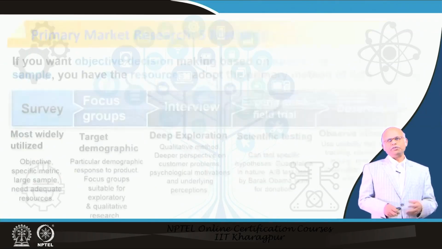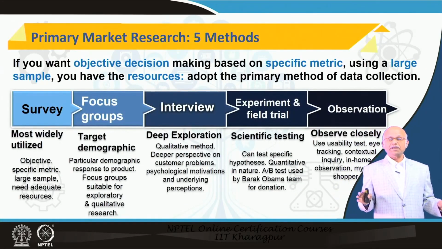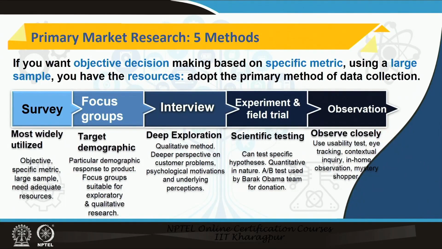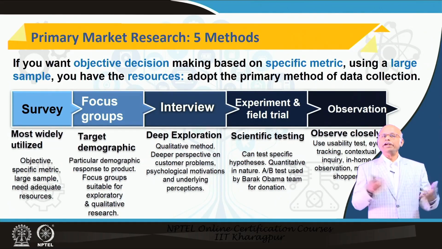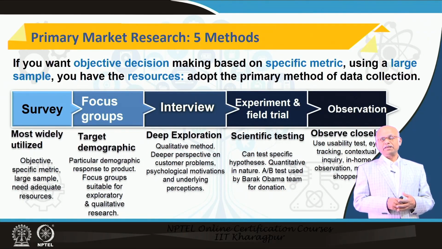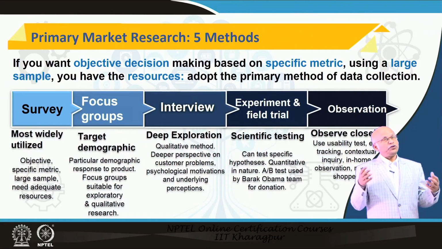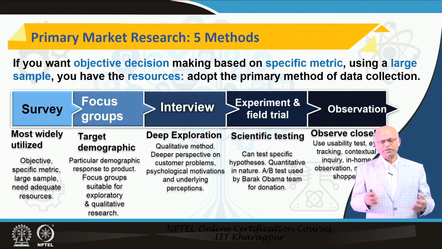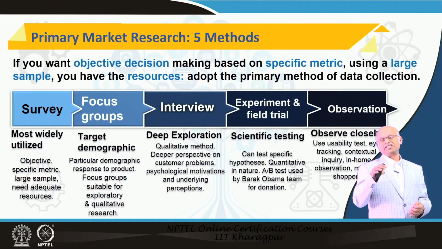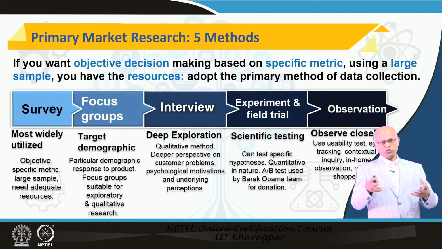Now, primary source may be of 5 types. What are they? First of all is survey. Survey is the most important method of gathering data and the most widely used. The majority of companies at some point of time will be using market surveys. Survey involves a questionnaire.